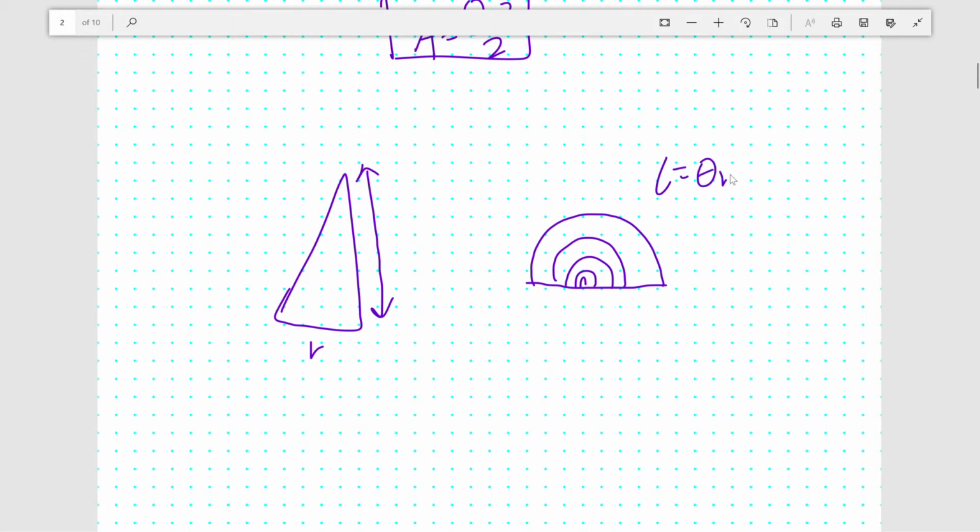So this will be theta r for a given r of a sector and a certain angle, such as pi radians. So if this is the outermost ring, and this is theta r, we want to find the area of this triangle, which will be equal to the area of the sector. For example, since area is half times base times height, it'll be equal to half times r times theta r, or theta r squared over 2.